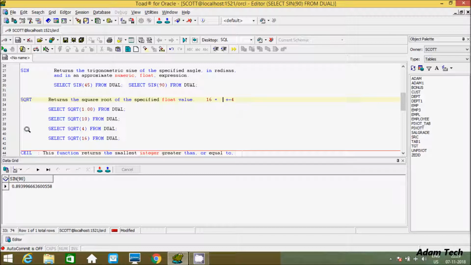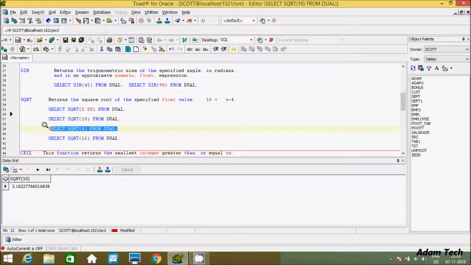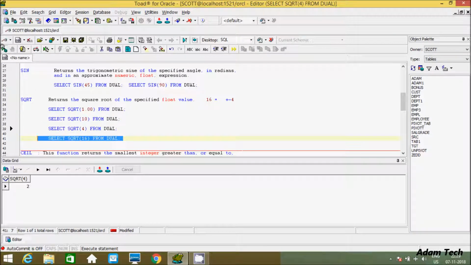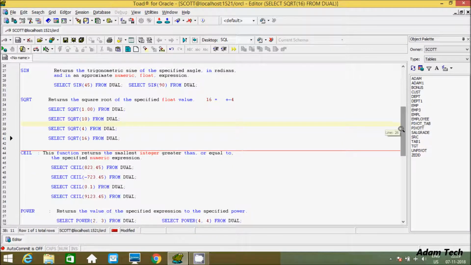But if you use the SQRT function in Oracle, it will return only the positive value. The square root of 1 is plus or minus 1, and I am getting the value 1. The square root of 10 displays 3 point something, the square root of 4 displays 2, and the square root of 16 displays 4. So this is the square root function.